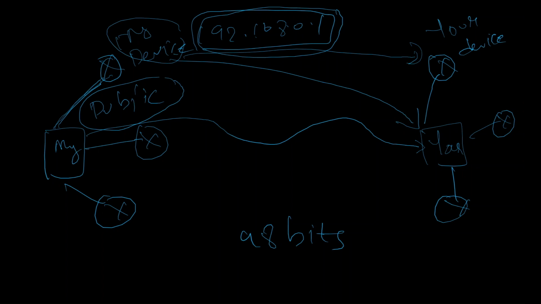It gets to know it is not its own, identifies that this is the MAC address of this device, and forwards the packet. So even though we are using private IP addresses, and even if both devices have the same private IP address, the communication happens very smoothly. This is how it happens.